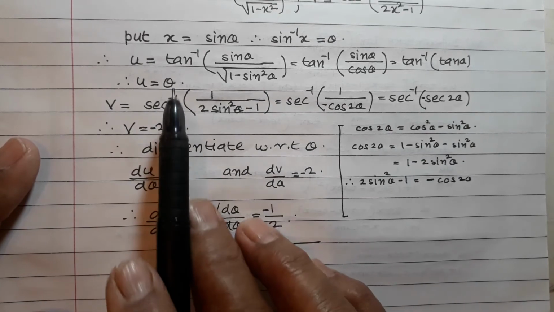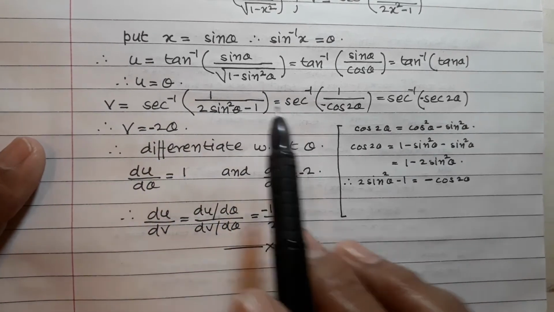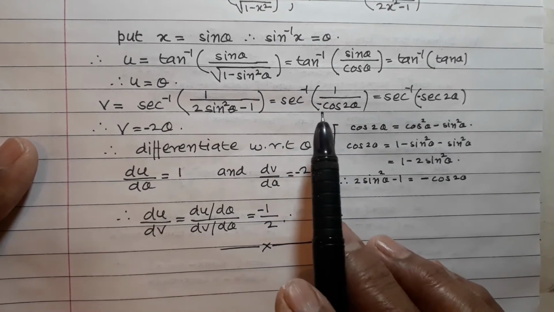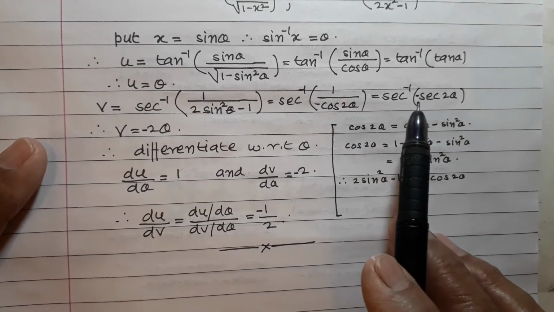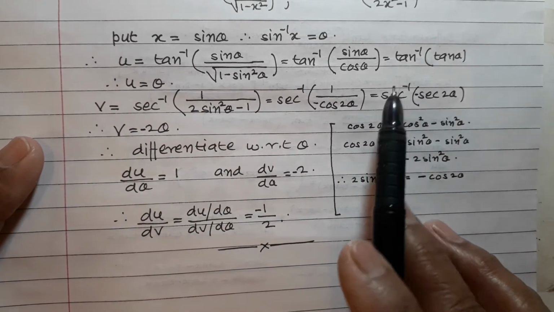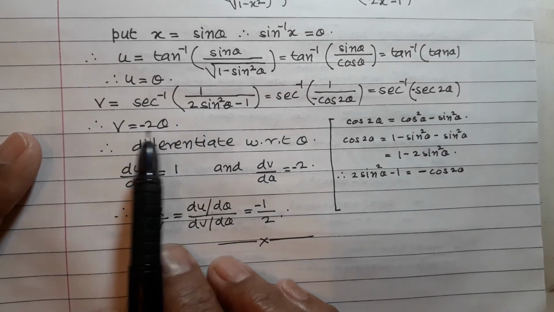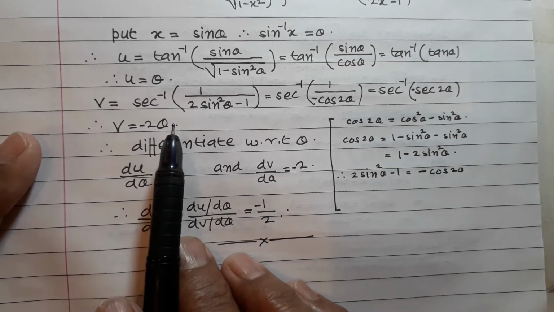Similarly, v is equal to sec inverse 1 upon 2 sin square theta minus 1, which is equal to sec inverse 1 upon minus cos 2 theta, and is equal to sec inverse minus sec 2 theta, and therefore v is equal to minus 2 theta.